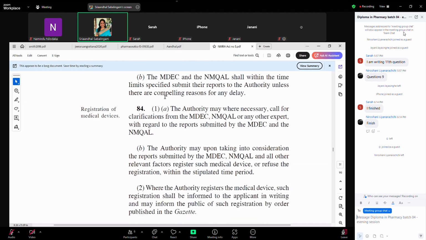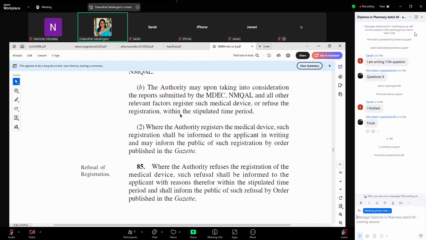And MDEC and NMQAL shall, within the time limit specified, submit their reports to the authority unless there are compelling reasons for any delay. So the authority may, where necessary, call for clarification from the MDEC and NMQAL or any other expert with regard to the report submitted. Authority may, upon taking into consideration the report submitted by the MDEC and NMQAL and all other relevant factors, register such medical device or refuse the registration within the stipulated time period.